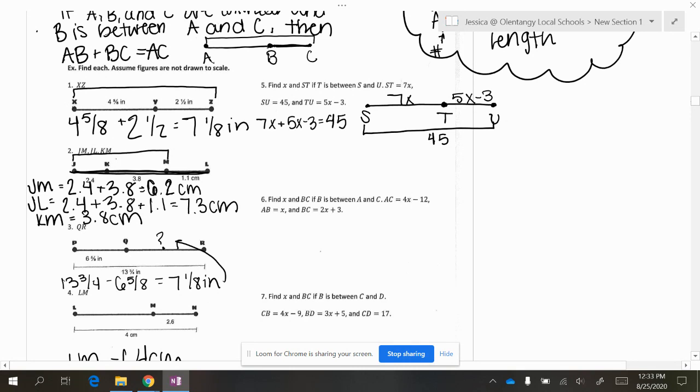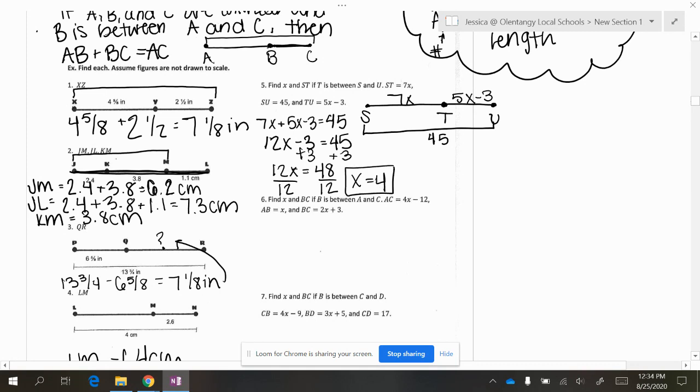Let's go ahead and combine like terms. 7 plus 5 is 12. 12X minus 3 is 45. Solve for this equation. Add 3. 12X equals 48. Divide by 12. We get X to be 4.